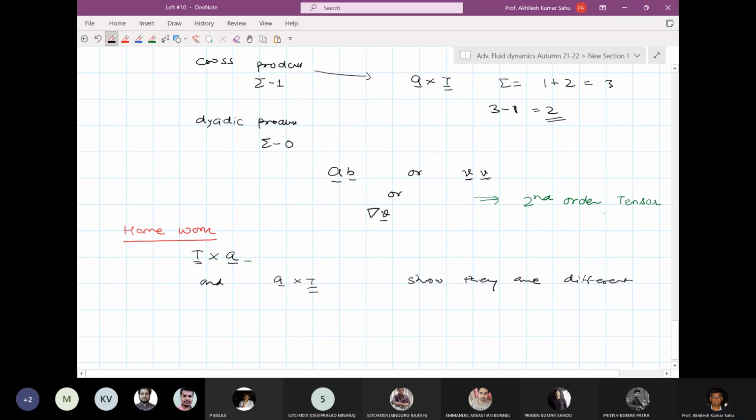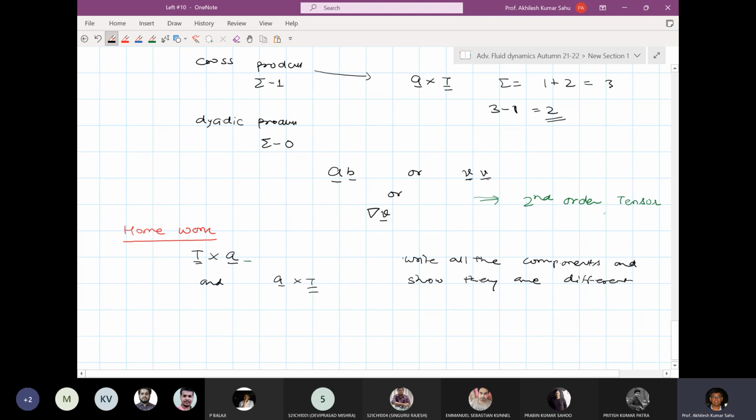I mean, write all the components and show that they are different.